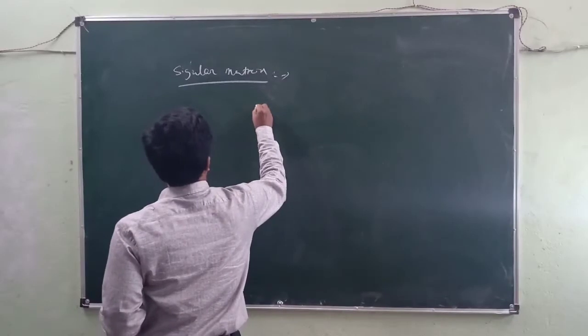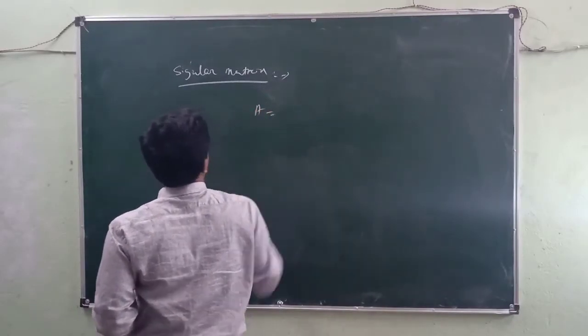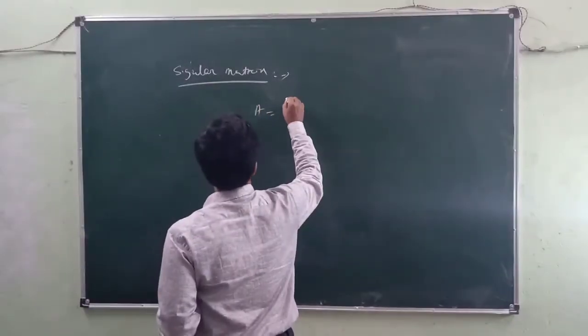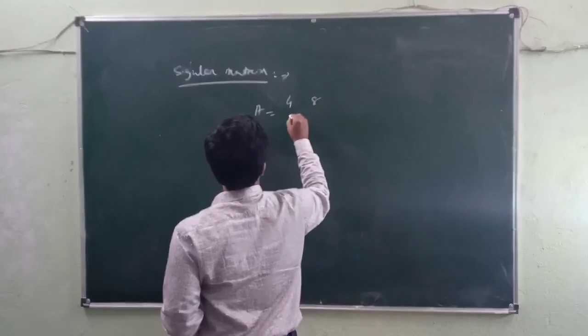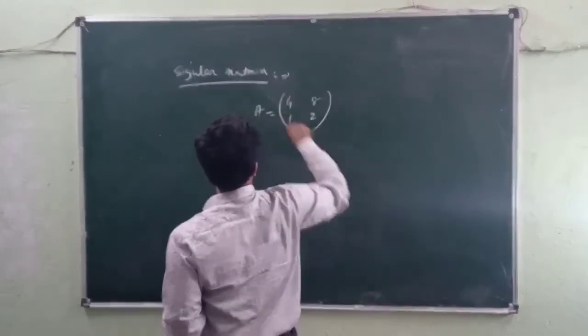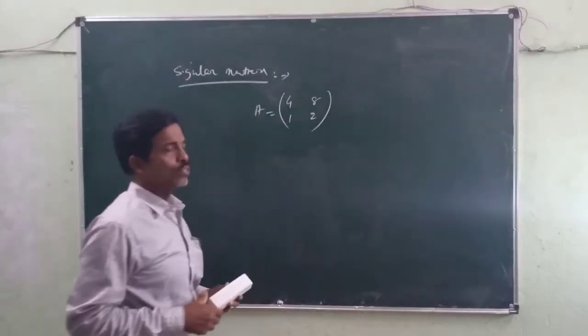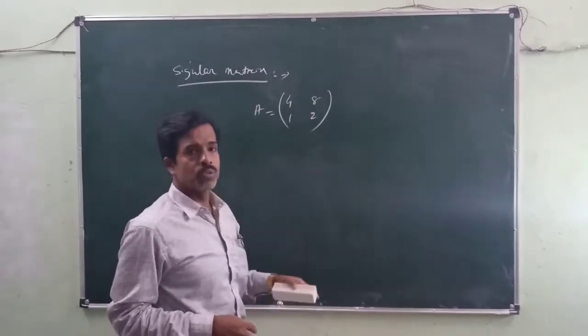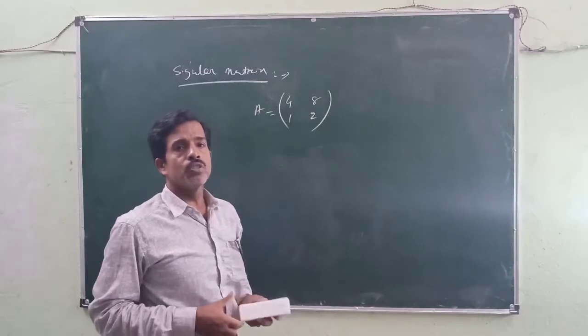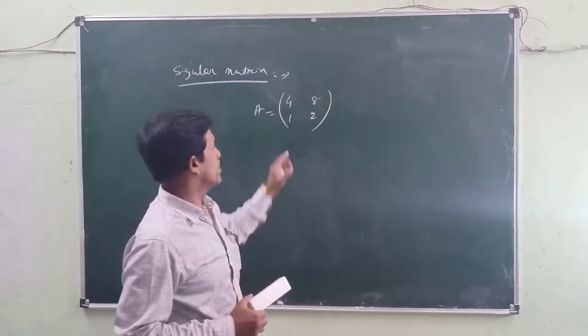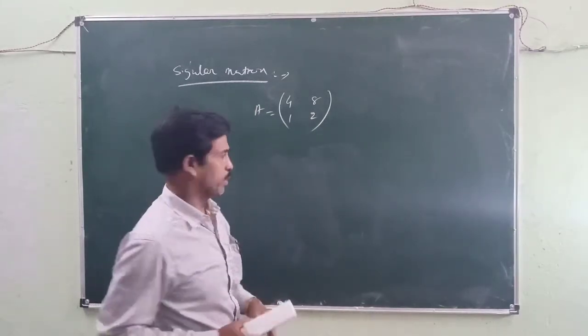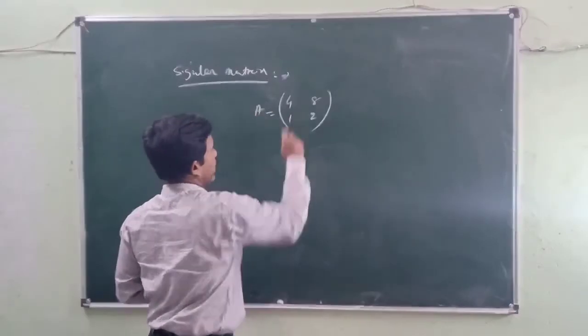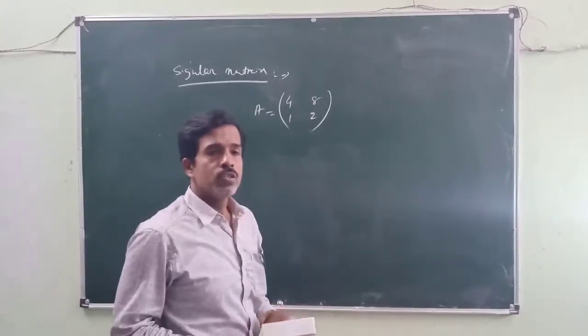Suppose I write A equals 4, 8, 1, 2. It is a matrix. First look, it is a square matrix because the number of rows is 2 and the number of columns is also 2. Therefore, our A is a square matrix.